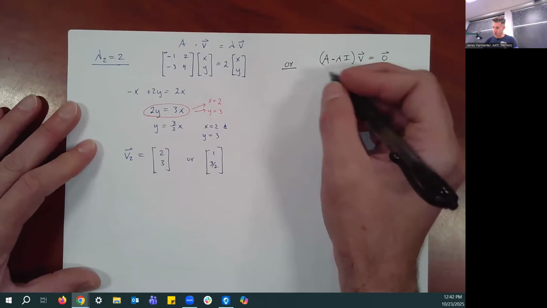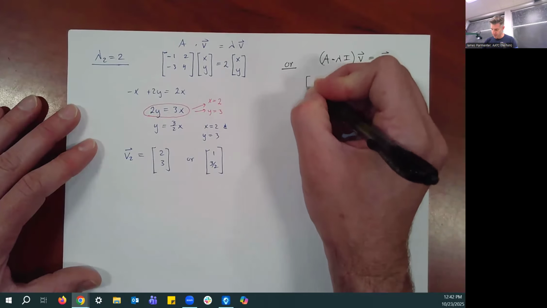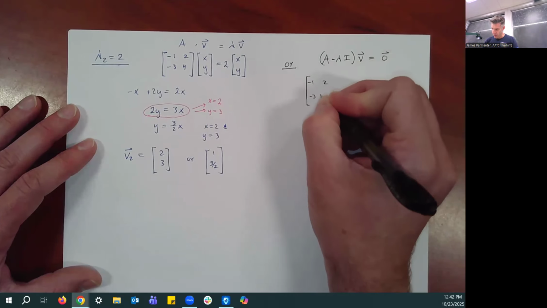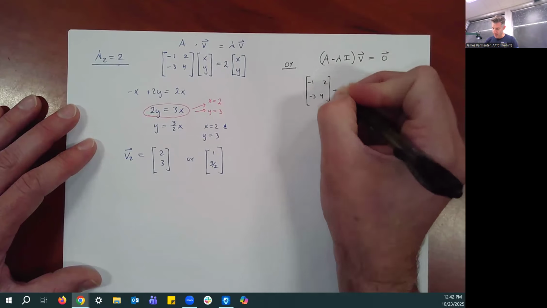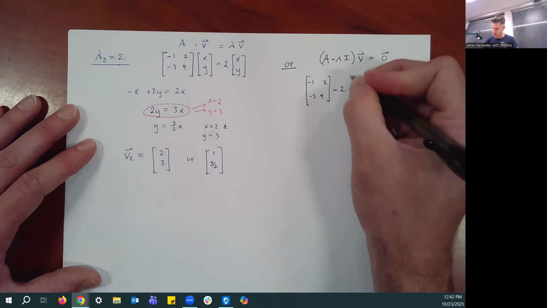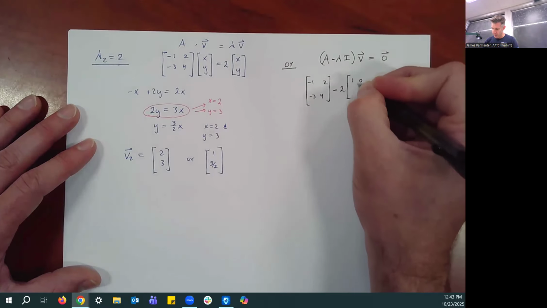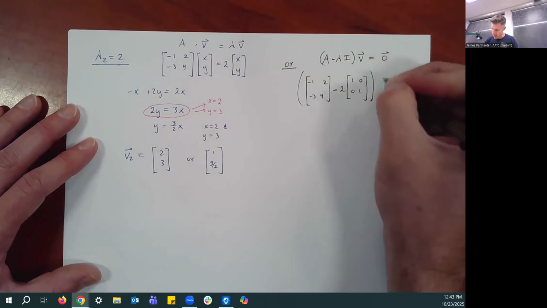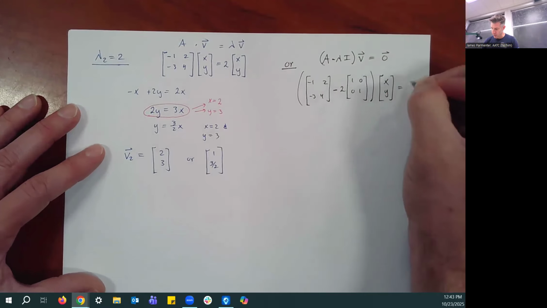So here we're going to have the equation A, so [-1, 2; -3, 4], minus our eigenvalue, lambda, times the 2 by 2 identity matrix, multiplied by the unknown eigenvector we're looking for, equal to the zero vector.